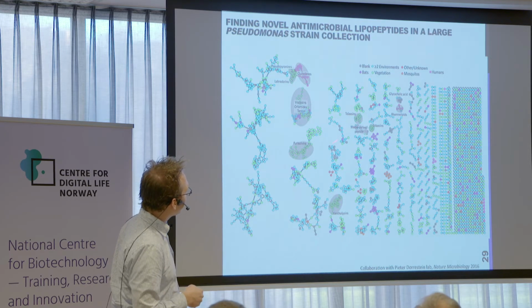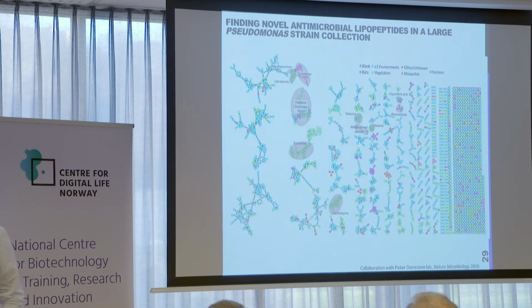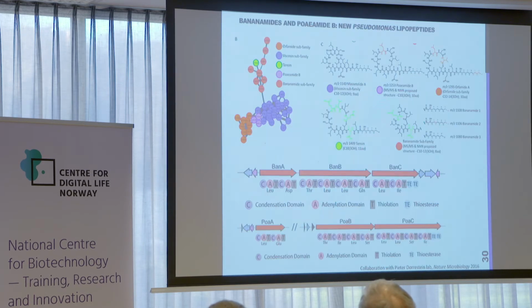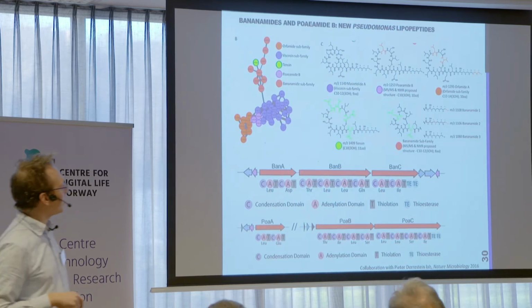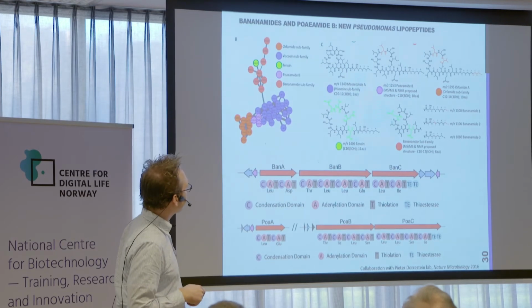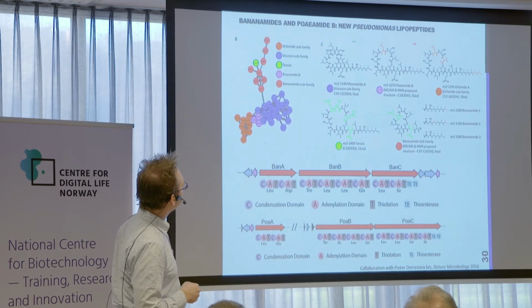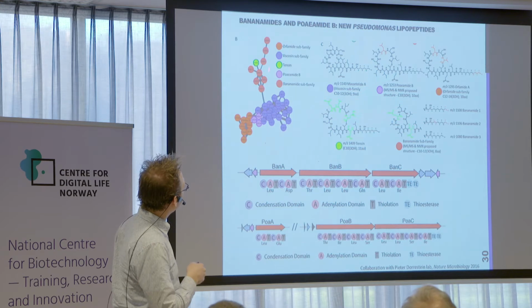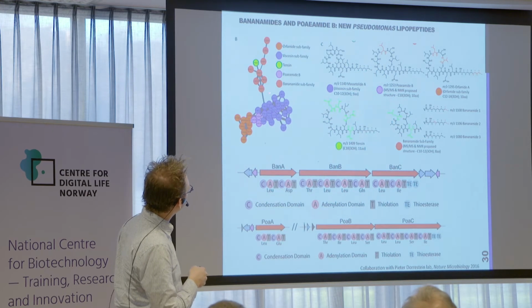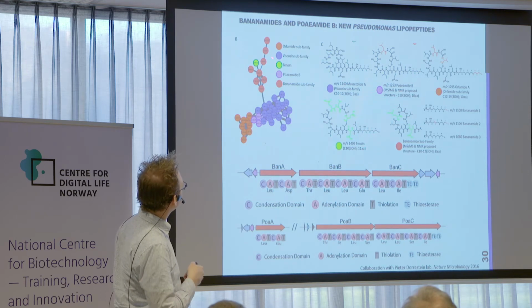So Peter Dorrestein's group has recently done large-scale metabolomic profiling of a few hundred Pseudomonas strains, and those contain a number of lipopeptides that are known to be also antimicrobial in many cases, or antifungal. And there were in the molecular network a number of new masses that were clear from the molecular network that they were different from the known molecules.